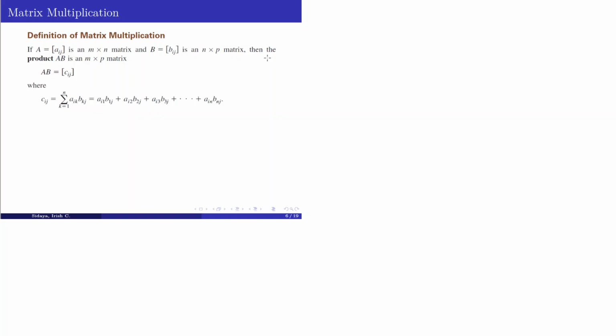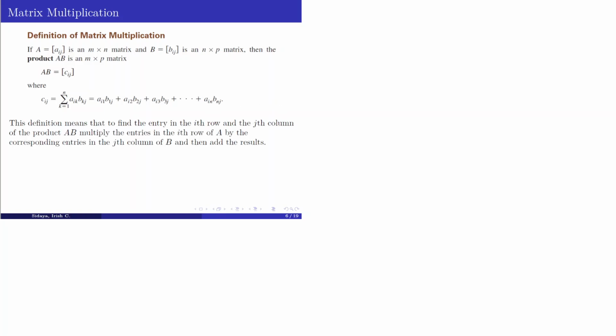Okay, so for example, if you have a 2 by 2 matrix, then the multiplier must be a 2 by something matrix. The product of these two matrices A and B is equal to the matrix with elements Cij, where Cij is equal to the sum of Ai1 times B1j plus Ai2 times B2j, and so on until Ain times Bnj.